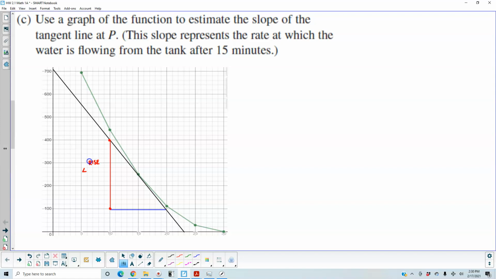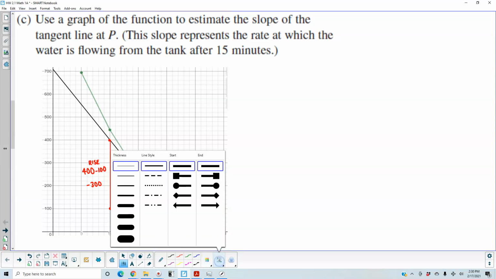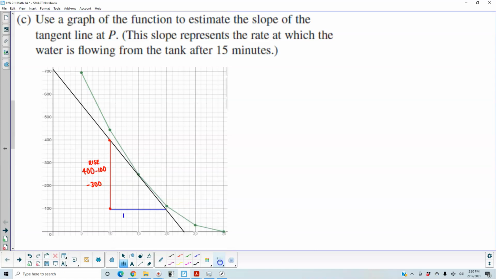And again, we're estimating. So we have 400 minus 100, and we know that it's going down, so that's negative 300. And then the run is not necessarily at 20. It's about maybe at 19. So we can say 19 minus the value of 10 here, which is equal to 9. So now we can estimate this slope.